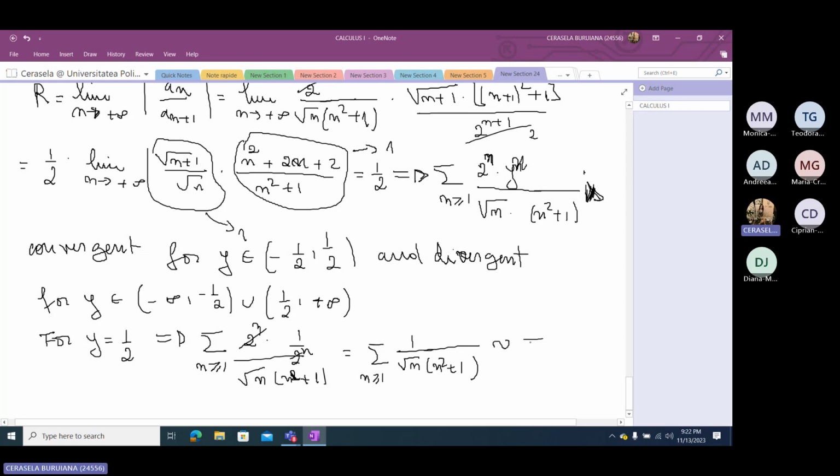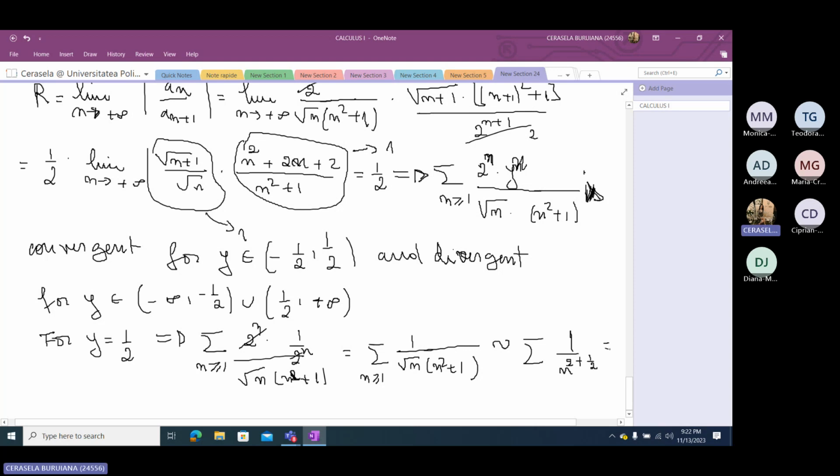Can you tell me immediately another one having the same nature as my series? 1 over n squared plus 1, louder. Well, don't forget that you have square root of n, which means n power 1/2. So I will take n power 2 plus 1/2.